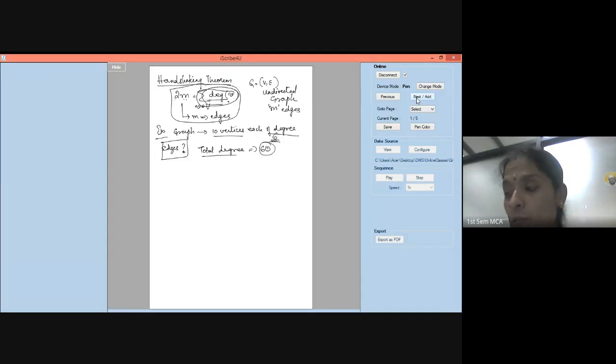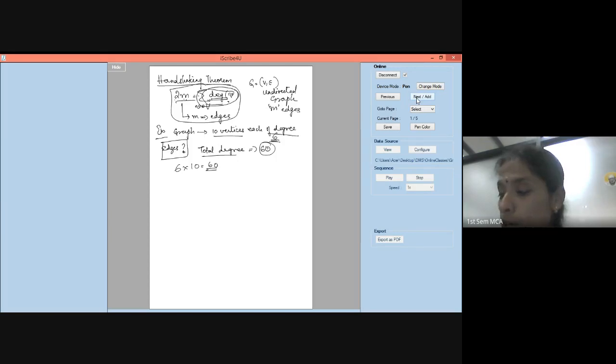60 is nothing but the sum of the degrees of the vertices. That means if there are 4 vertices, you have to find out the degree of each and take the sum of that. Now, what does the question say? How many edges are there in a graph with 10 vertices, each of degree 6? So the sum of the degrees is 6 into 10, that is 60.